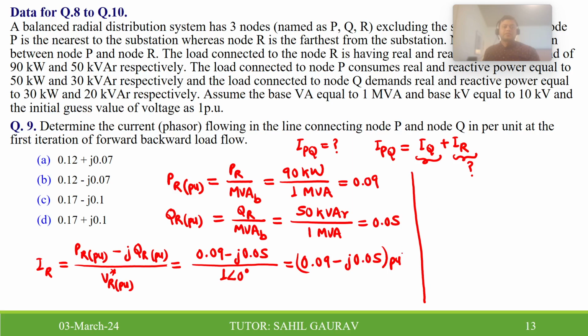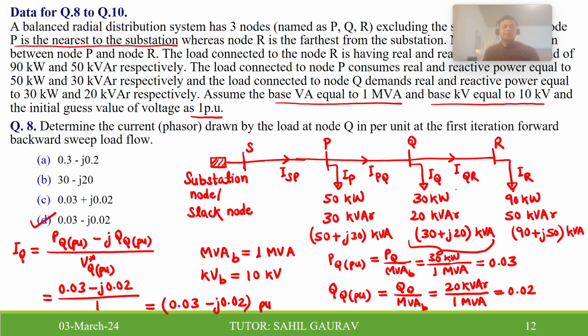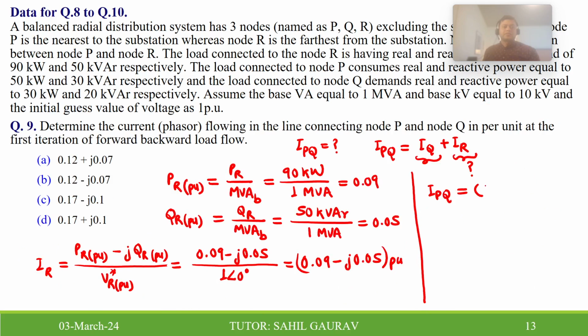Now we substitute this IR value so that we can get the line current IPQ. So IPQ will be IQ, which we have found, 0.03 minus J 0.02, plus IR, 0.09 minus J 0.05.